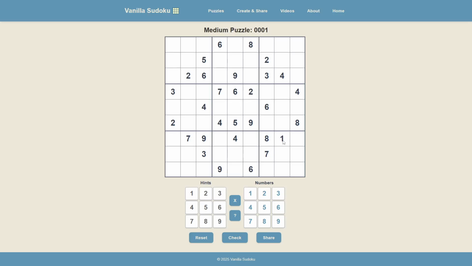Looking at this grid, I see that we only have one single one. That's not too terribly helpful because this one is not going to exert a whole lot of influence on this grid. But at a glance, I can see that the one is going to be in the center box in one of these three cells no matter what. That means the one is not going to be there or there.